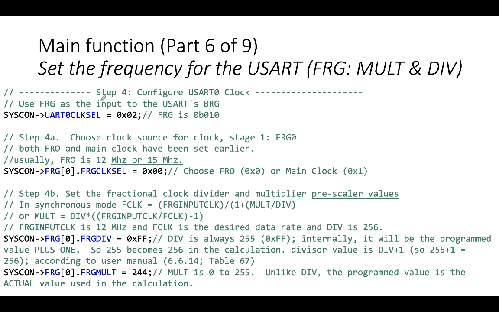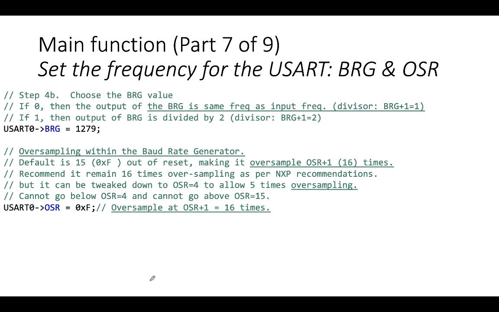Okay, so now we're going to use the FRG as the input into the UART. So we need to feed that in there. Then we need to choose the FRO as the source for the FRG. And then from there, we need to set the divide register for FRG to be F, and set 244 as your multiplication value.